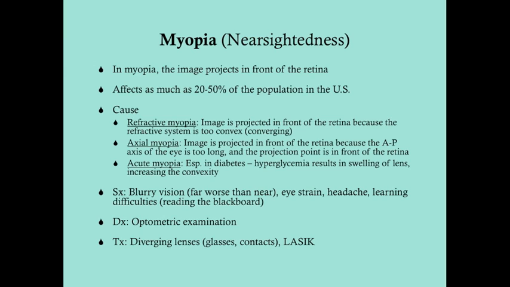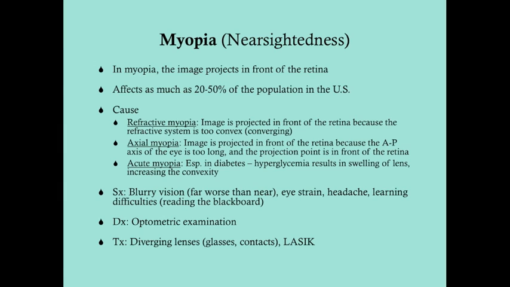Axial myopia is myopia, but it's not a problem of the refractive system so much as it's a problem of the eye itself. So the eye is too long. And so even though the refractive system is projecting the image in the right place physically, because the eye is too long, the retina is behind the image.